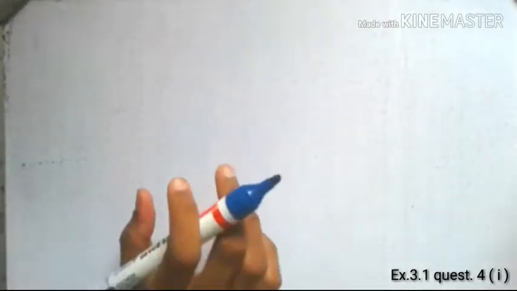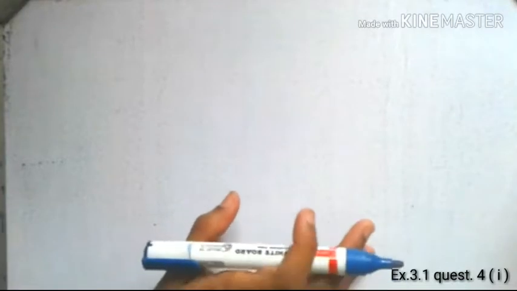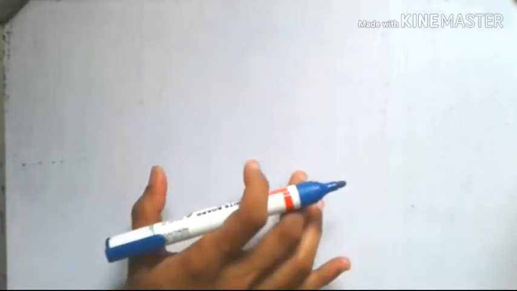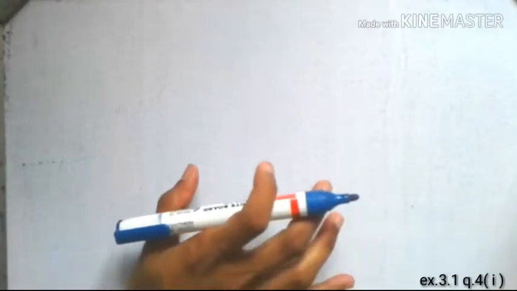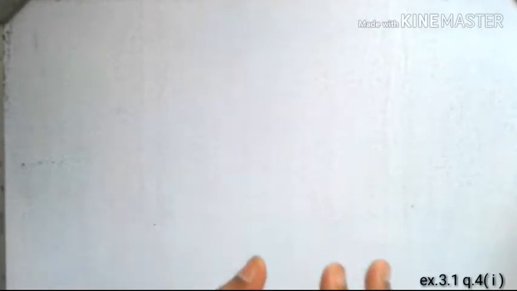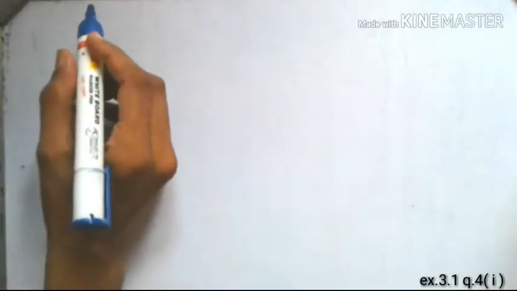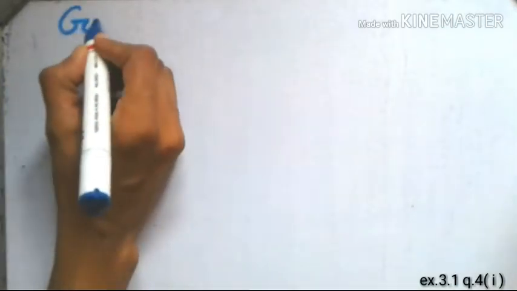Now as for any question in mathematics, always write what is given and what you have to find. This is so important. No matter which grade you are in, no matter how proficient you are, this method always works. It will never fail you. So always write what is given to you.